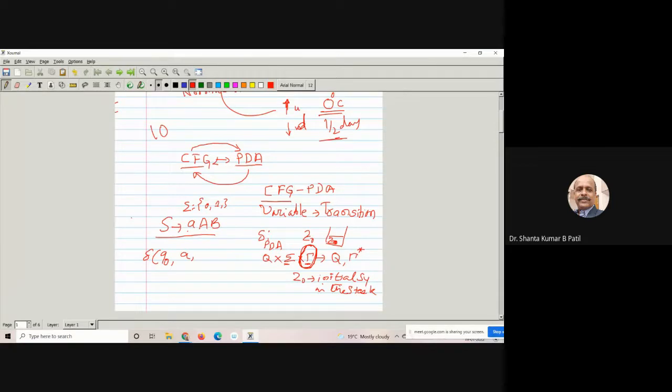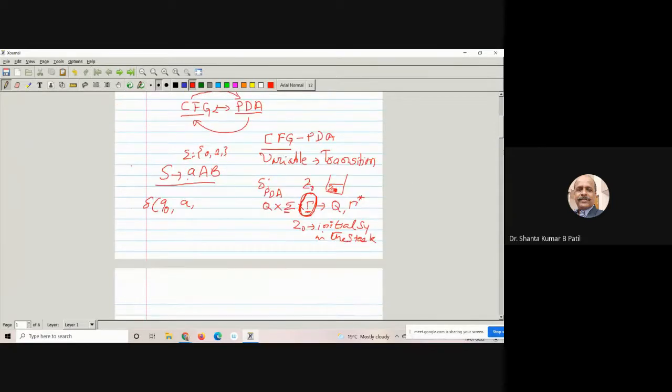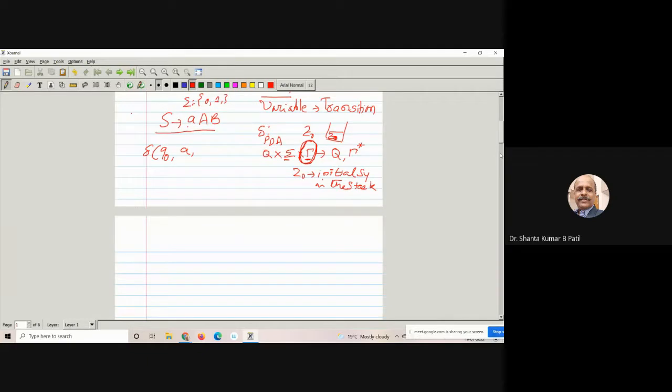You can write Z naught as either the initial or starting symbol in the stack.